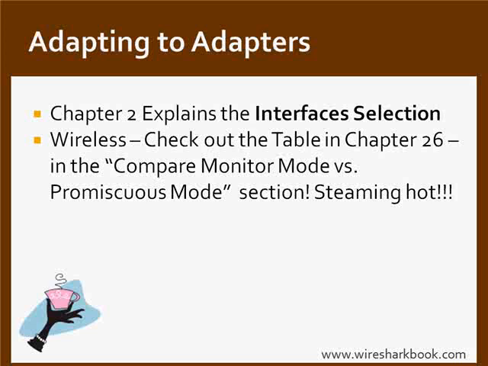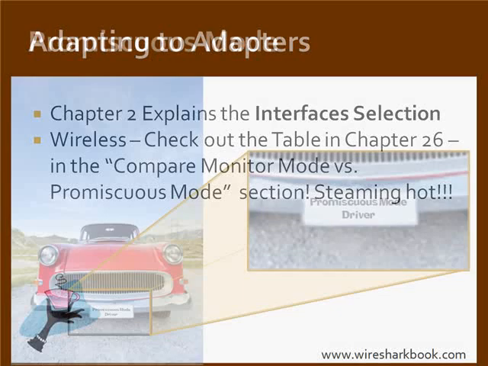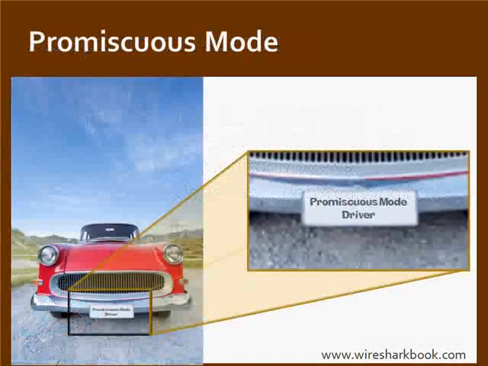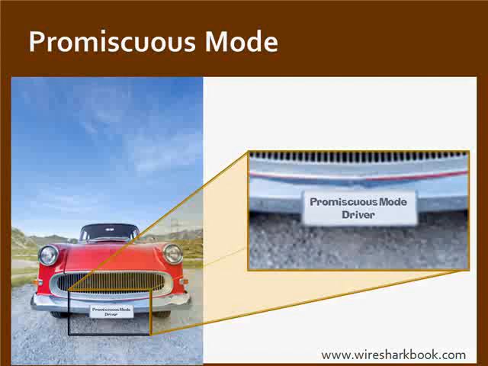Let's begin with the first term that you need to know when you're capturing traffic. Promiscuous mode. When you capture traffic with Wireshark, by default, promiscuous mode is turned on. A driver and a card that can go into promiscuous mode can capture traffic that is not addressed to that local card's hardware address.